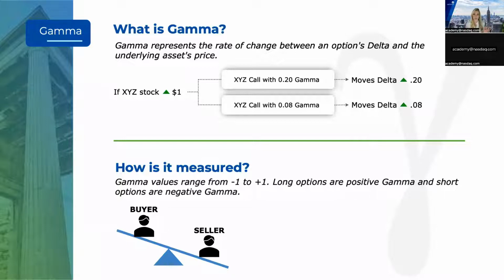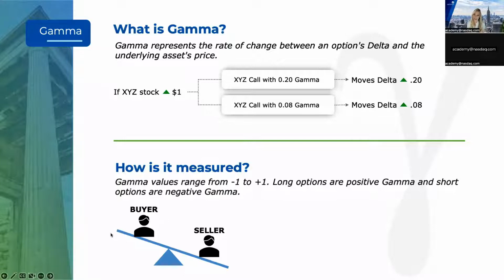A great analogy is that it's the acceleration, if you will. Delta is our destination. We want to know how quickly we'll get there. If we have a higher gamma, we're in a Maserati, going really, really quickly. With a lower gamma, we're in a golf cart, or maybe a bicycle, not getting there very quickly.